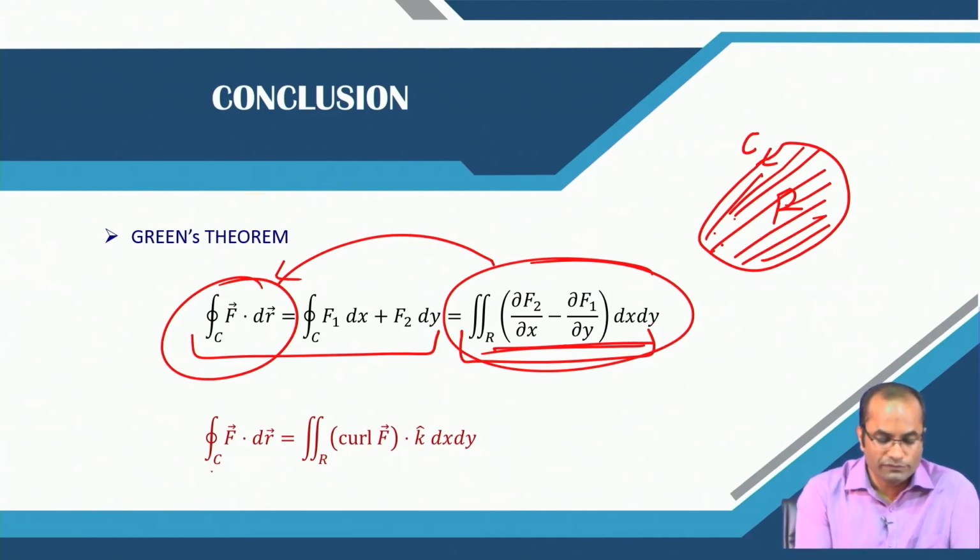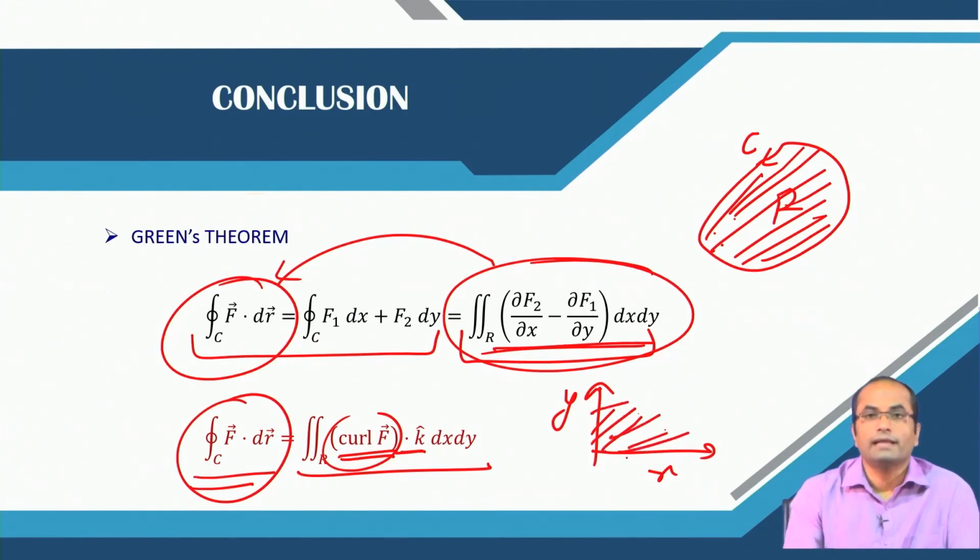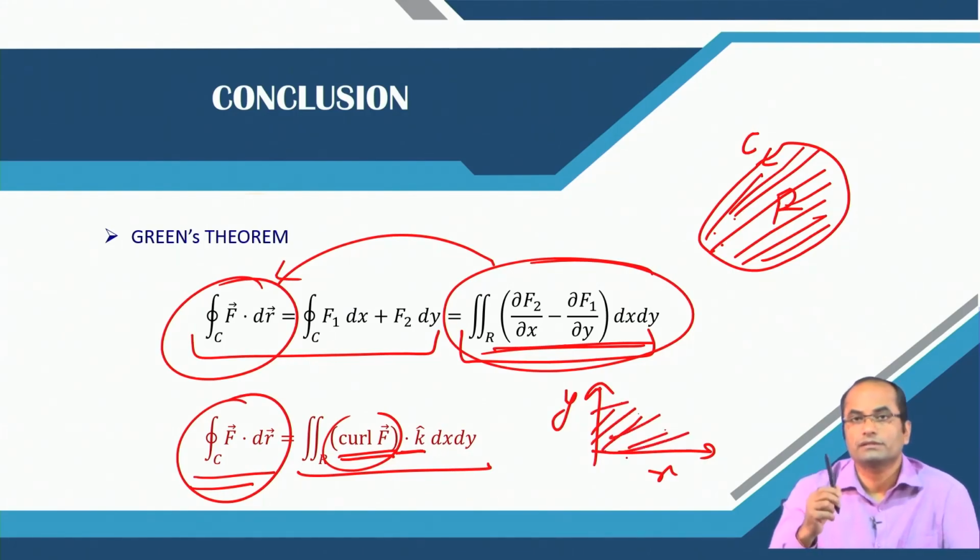Another important point which will be used in the next lectures is that this curve integral can also be written in the form of curl F dot k, and this k was perpendicular to our xy plane. So, we had the xy plane where we are working on a 2-dimensional plane, and the direction of this k was perpendicular to this domain given here in the xy plane.